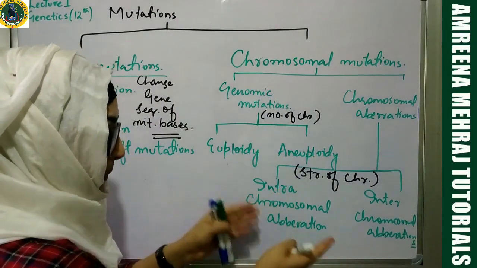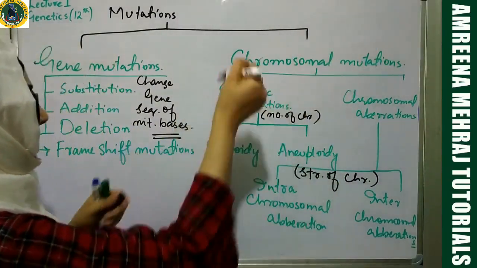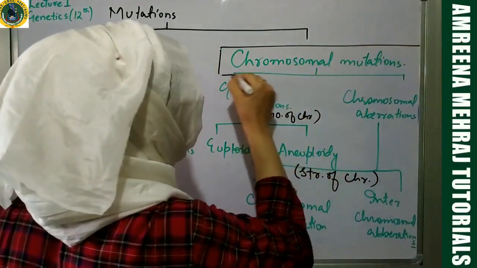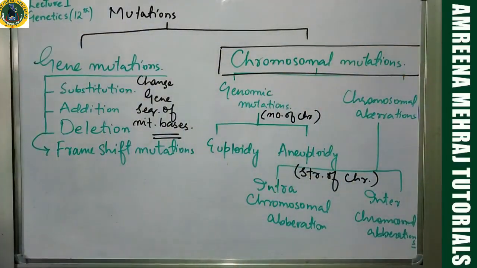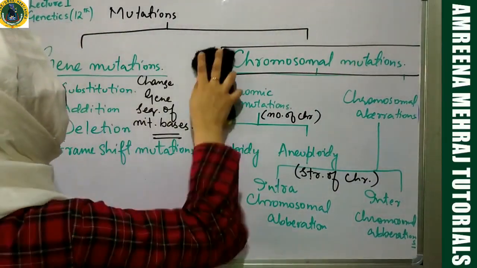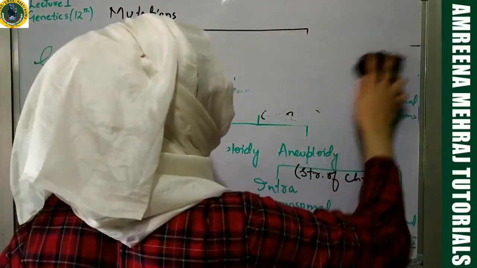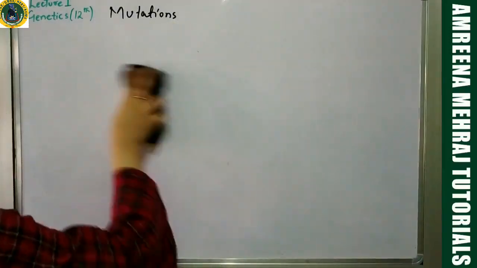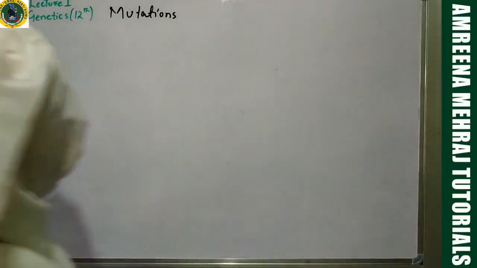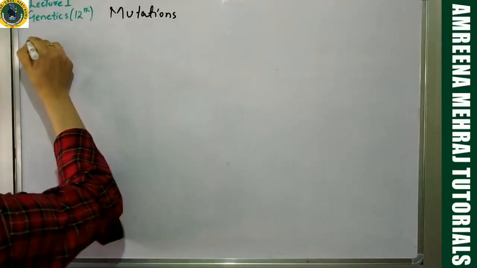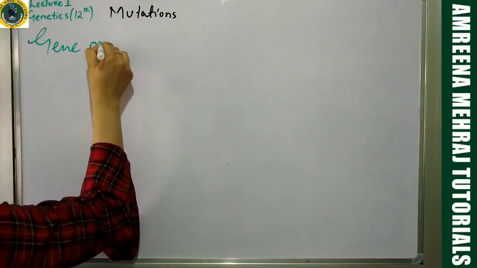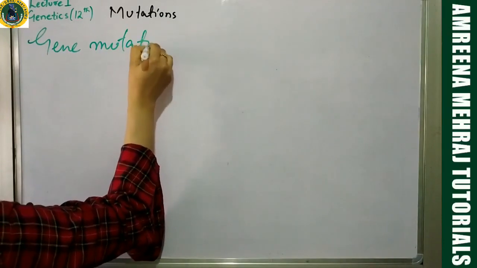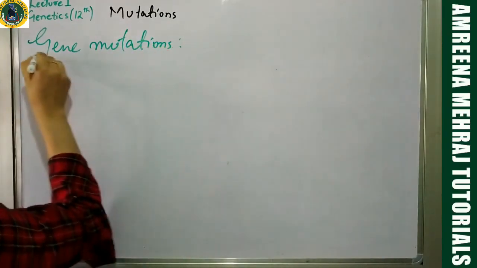So we have multiple subtypes of this category, okay? So this we will keep for next lecture. Right now we will be taking up gene mutations. Let's go to gene mutation. So we will take up first of all gene mutations.